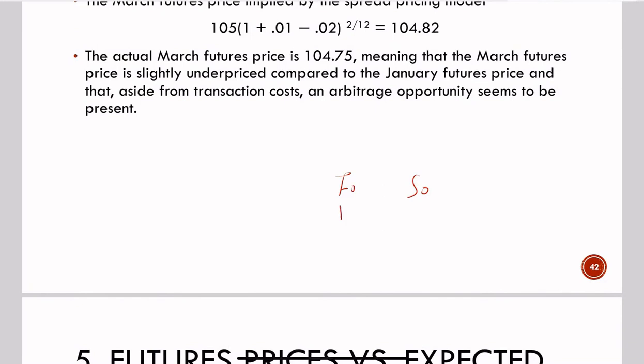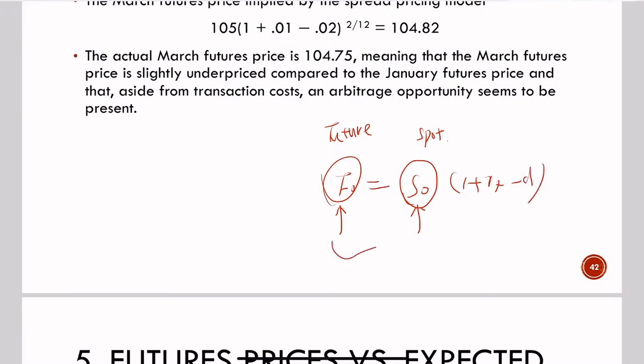This is the current futures price. This is the current spot price. We want to understand how these two guys are related. And then our result is we have this spot futures parity theorem.